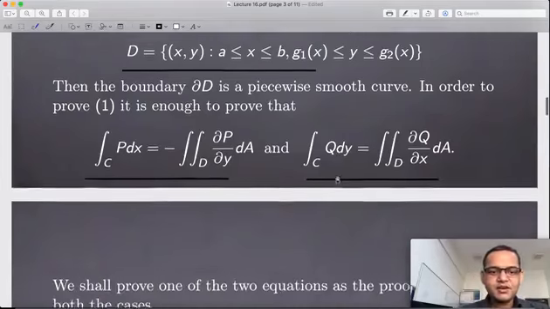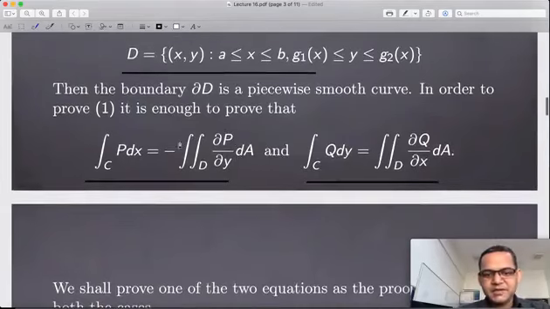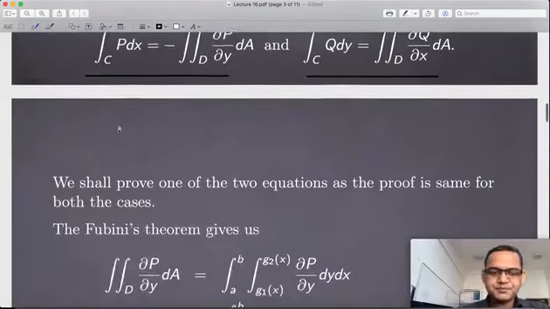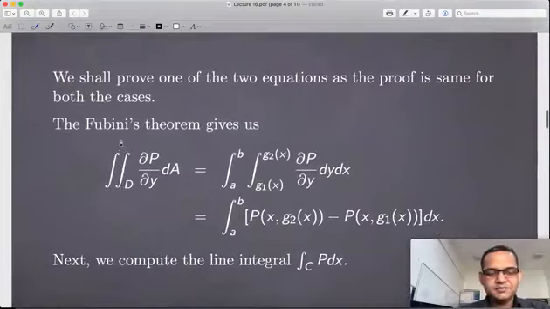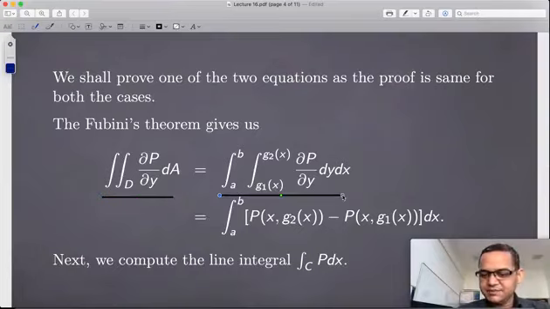So basically we will evaluate this double integral and this line integral, so that whatever we get, they are the same quantities. We know that because our domain allows us to use Fubini's theorem, I can immediately write down this double integral using Fubini's theorem in this fashion.